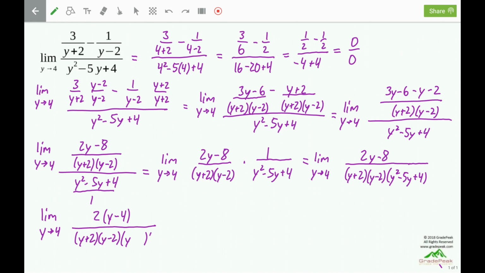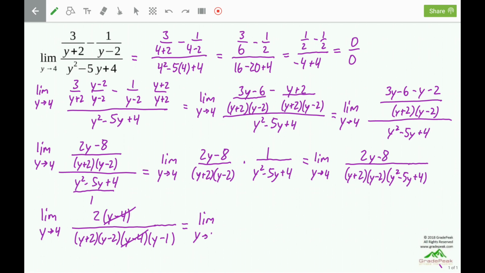It'll factor into a y and a y. Two numbers that multiply to give you positive 4 and add to give you negative 5. It sounds like a minus 4 and a minus 1 will do that. And now you can finally see the y minus 4 factors that are making the 0 over 0. And at that point we can cancel. And as soon as you're able to do that step, that's when you remove the 0 over 0 problem.